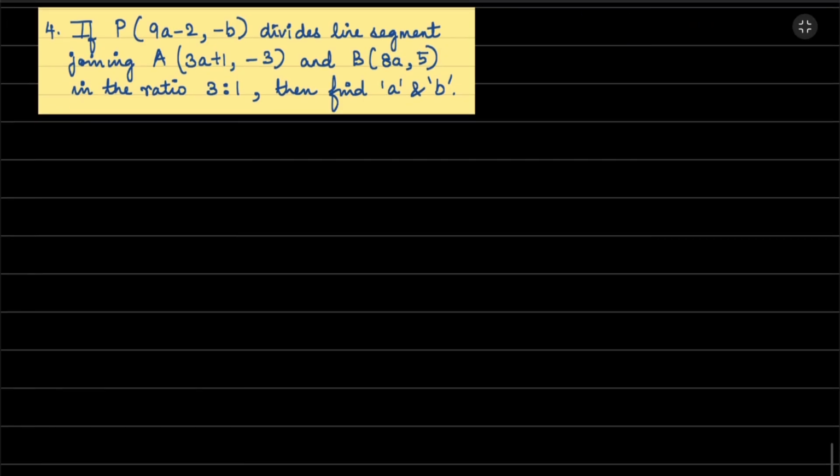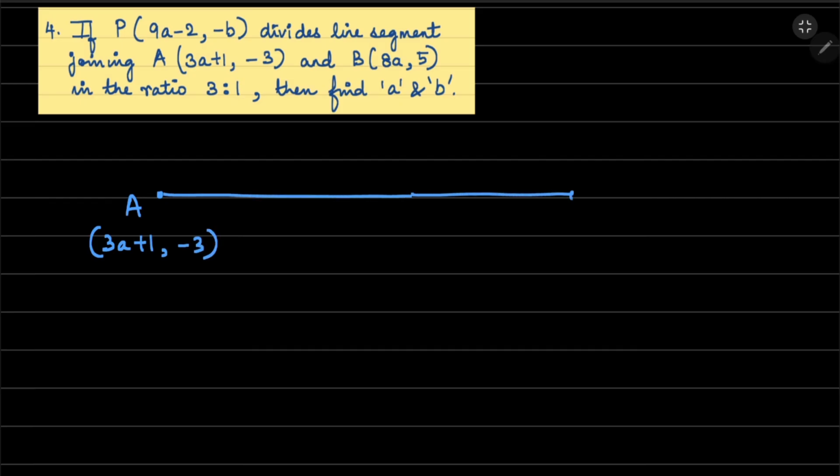If P given by 9a minus 2 comma minus b divides the line segment joining A and B in the ratio 3:1, find a and b. Again, very similar. So let's draw. You have your A, which is given by 3a plus 1 comma minus 3, and then B, which is given by 8a comma 5.